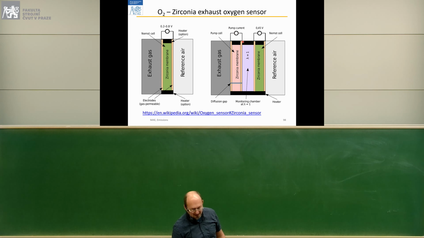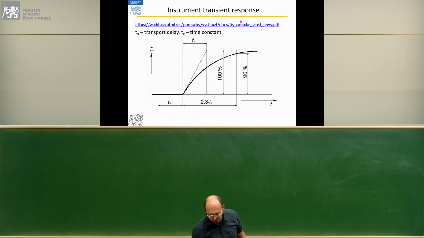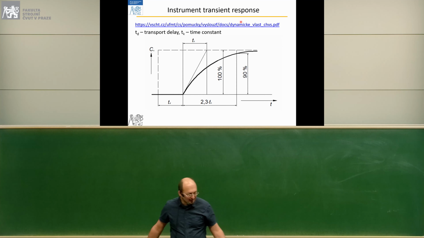So you pump current to maintain lambda 1 in the monitoring chamber, and you monitor that by the oxygen sensor. And from the pump current, you infer the air-fuel ratio. That's the basics of the measurement of gases.